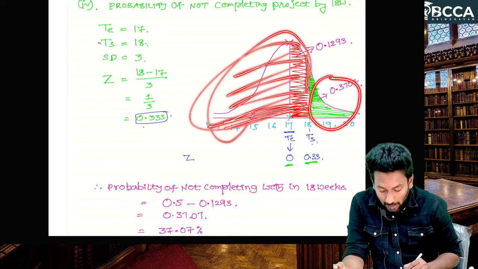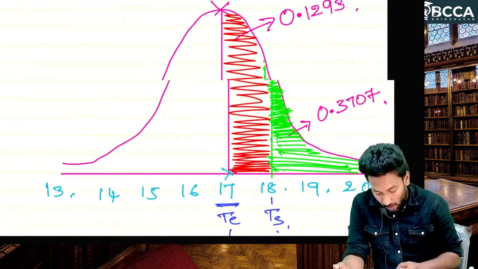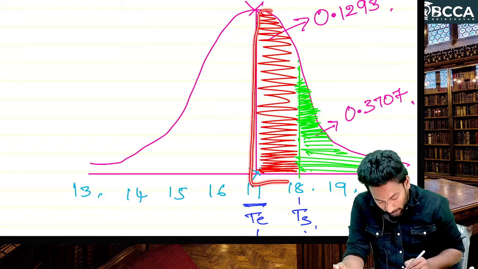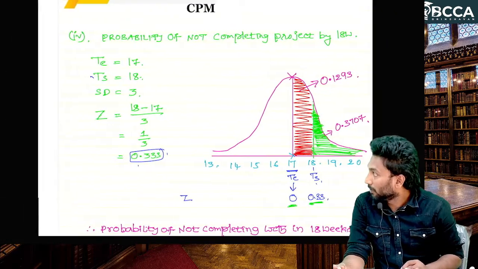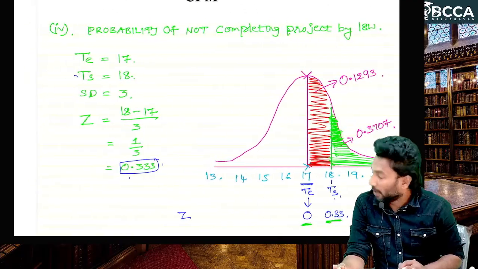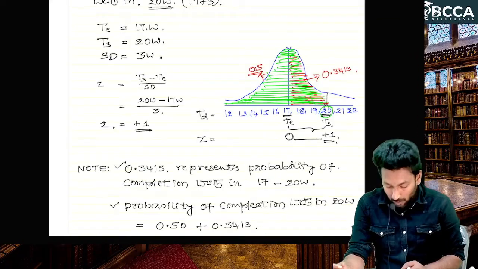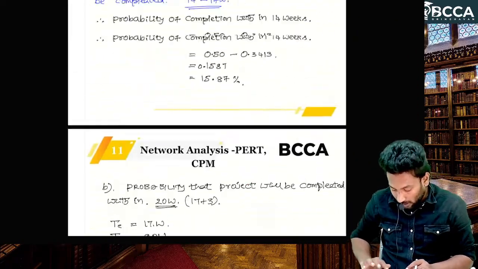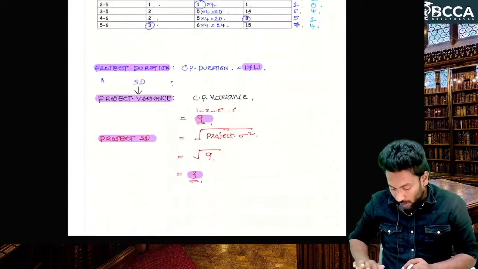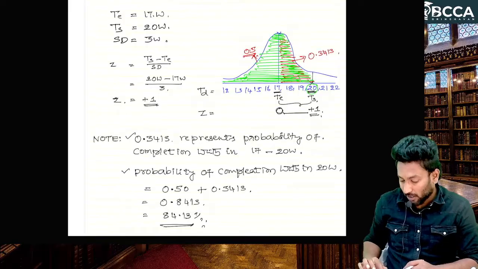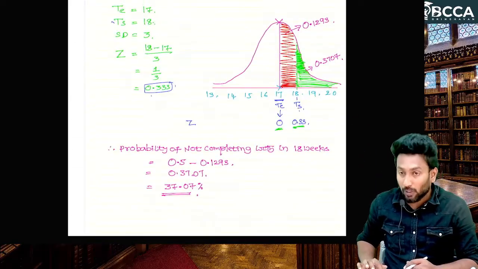Completing between 17 to 18 is 0.1293. So these are all the maximum adjustments, that is how they will give points adjustments like that. Noted all this.